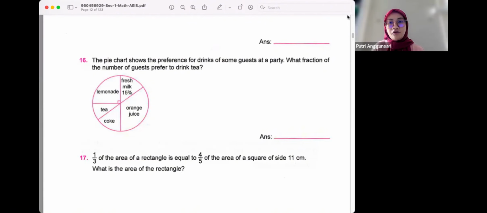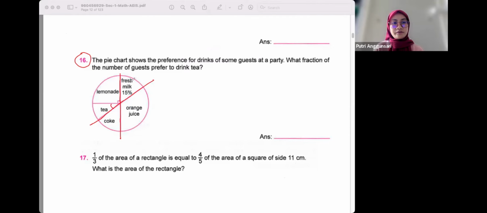As we can see for number 16, this question is just about finding the fraction of the number of guests who preferred to drink tea. If we check out the pattern, we can see that this is half, this is 25%, and we also have this straight line and another straight line at 10%.